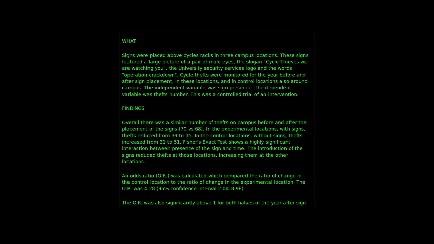This makes it less clear, but no, I like it. I like being clear too much. I'm not going to delete with signs and without signs just for 4 words. Okay, it's not really important. That's Fisher's exact test.